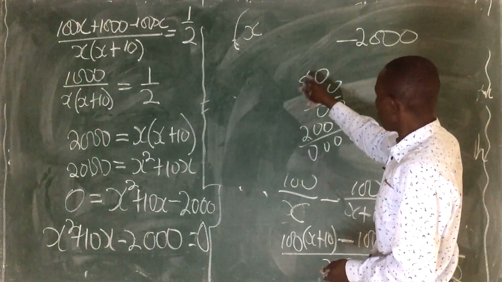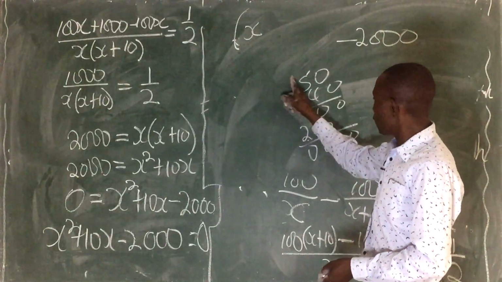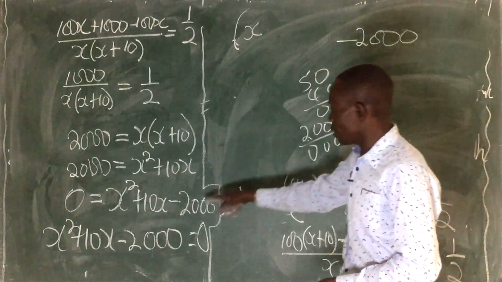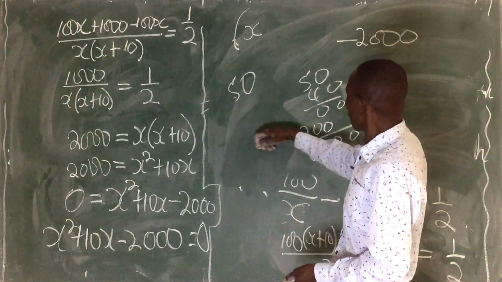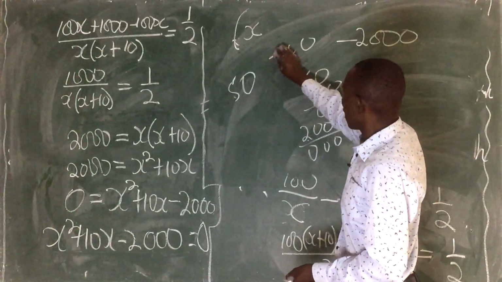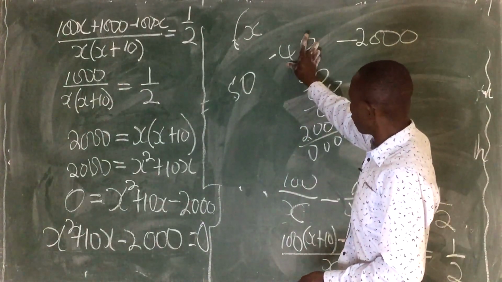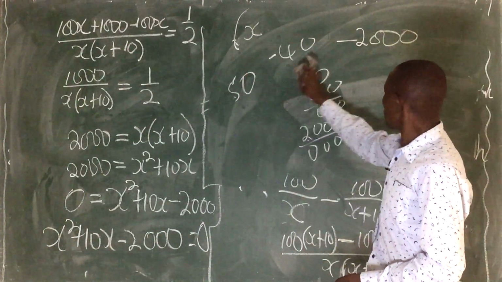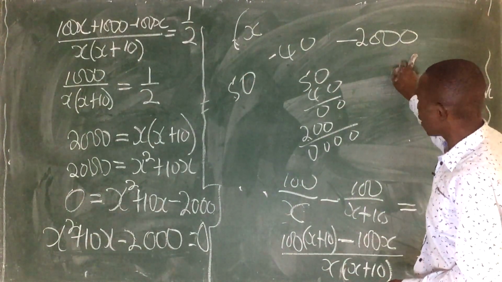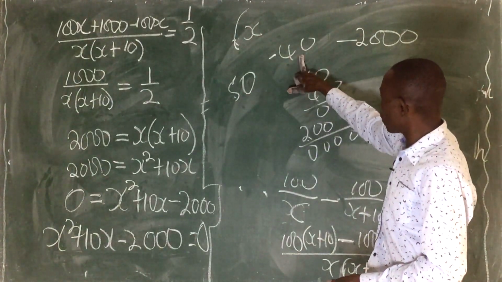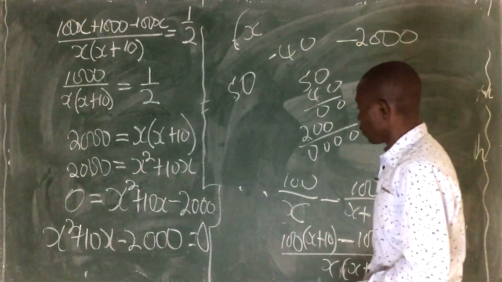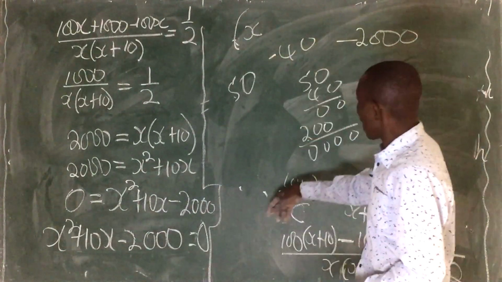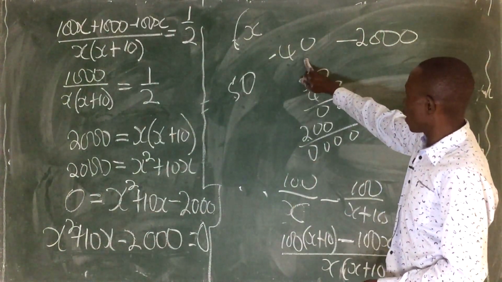If one of the two factors, between 50 and 40, is to add up to 10, it means 50 should have a positive, while 40 should have a negative, such that negative 40 times 50 gives negative 2000, but adding 50 and negative 40 gives positive 10. So the factors of negative 2000 here are 50 and negative 40.